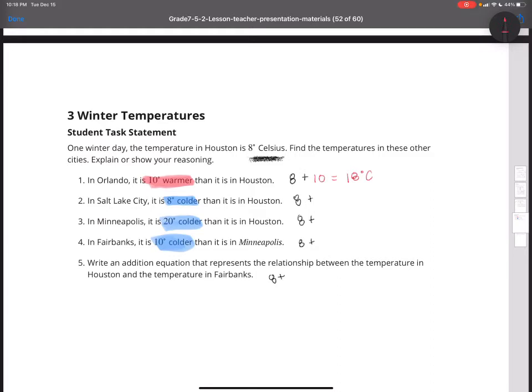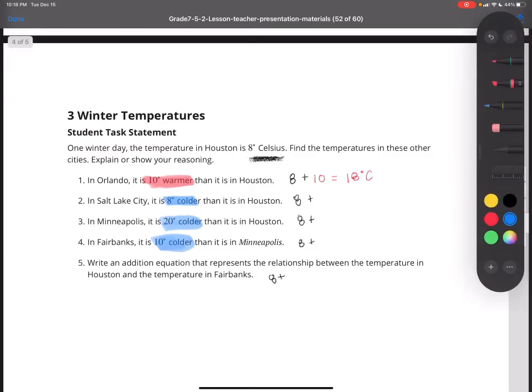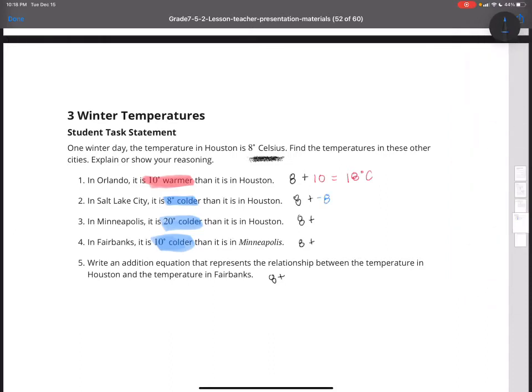So then in Salt Lake City, it is 8 degrees colder. Now, piggybacking from the brief discussion I just had, adding numbers with 2 different signs is the same as subtracting positive numbers. So 8 minus 8 would be 0. Therefore, 8 plus negative 8 would be 0.